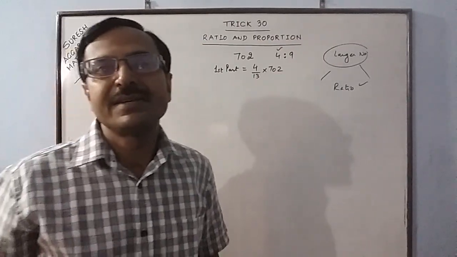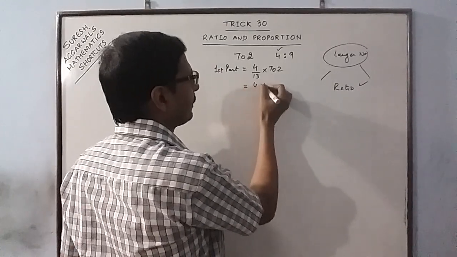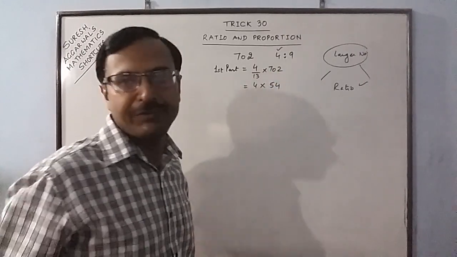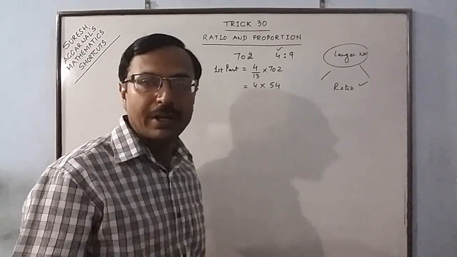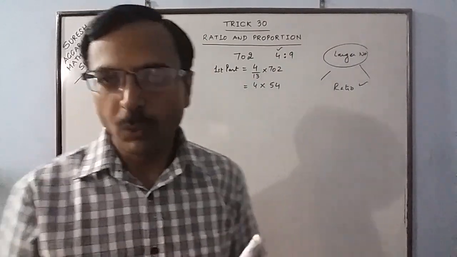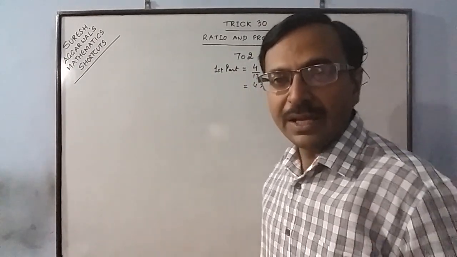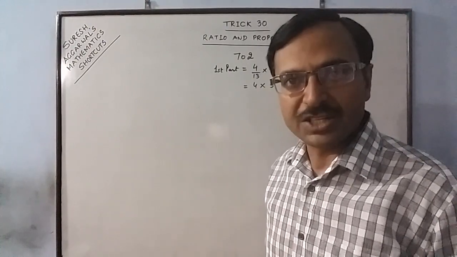Now when we divide 702 by 13, we get 13 5s are 65, 52, 13 4s are 52. So 54. And just we have to multiply by 4. Now again multiplication by 4 involves yet another method which I told you in previous tricks. Like multiplication by 4 is not actually a multiplication problem.